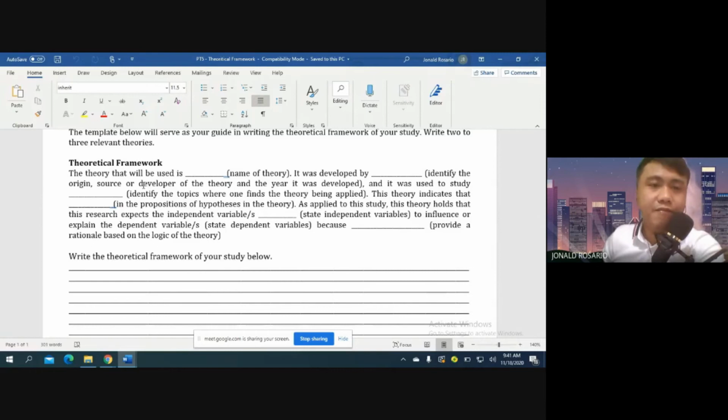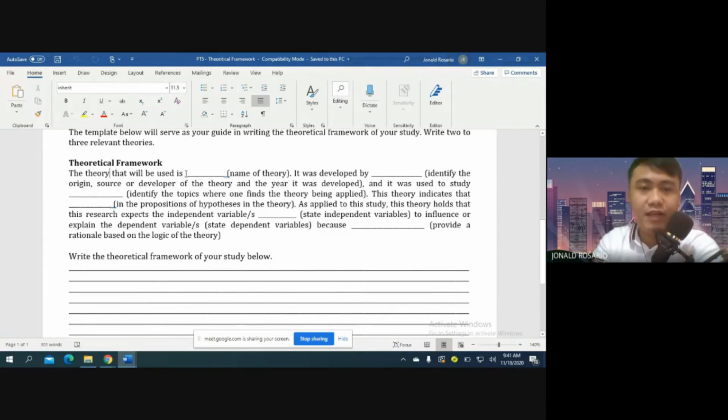Theoretical framework, ito na yung kanyang template. The theory that will be used is blank. Ano yung pangalan ng theory? Name of theory. Depende yan sa study ninyo kung ano yung mga theories na kailangan or magiging basis.